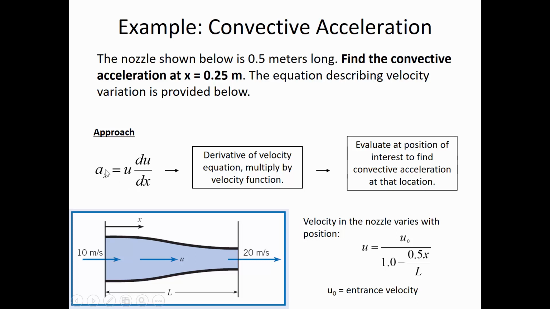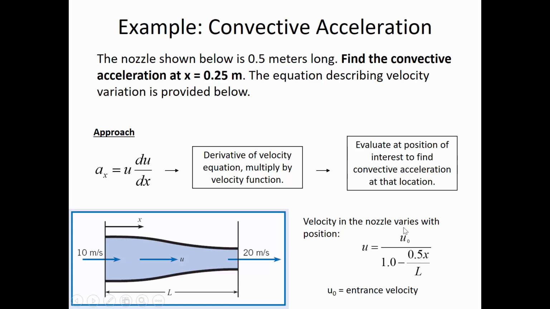Now, convective acceleration, a sub x, meaning the acceleration as a function of position, is the velocity at a certain location multiplied by the change in velocity with respect to position at that location.